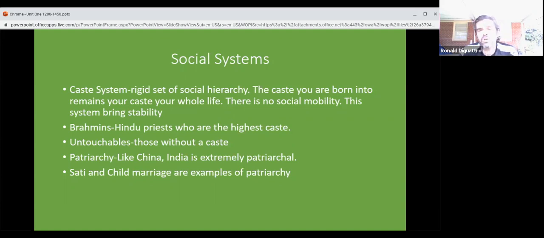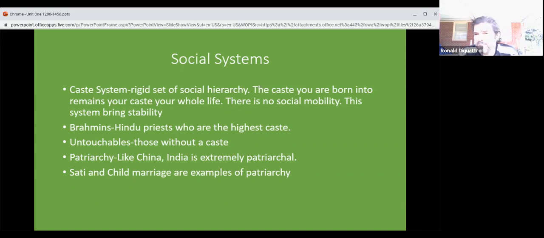So yes, you might be in a cruddy caste right now, the religion and the caste system teaches, but be the best member of your caste, and that's how you achieve social mobility, and you rise up through the caste system through multiple lifetimes. There are some people who are so low in the caste system that they're actually without a caste. These are called the untouchables.